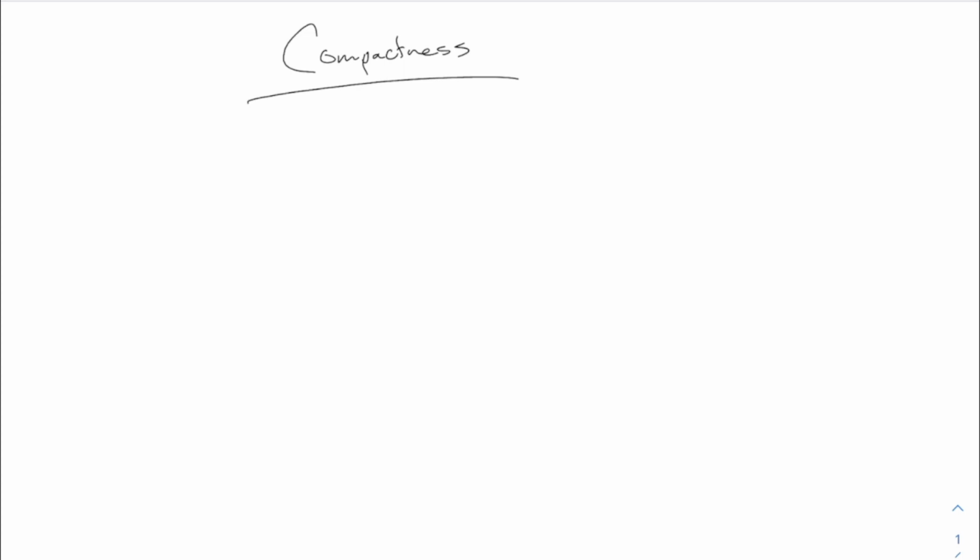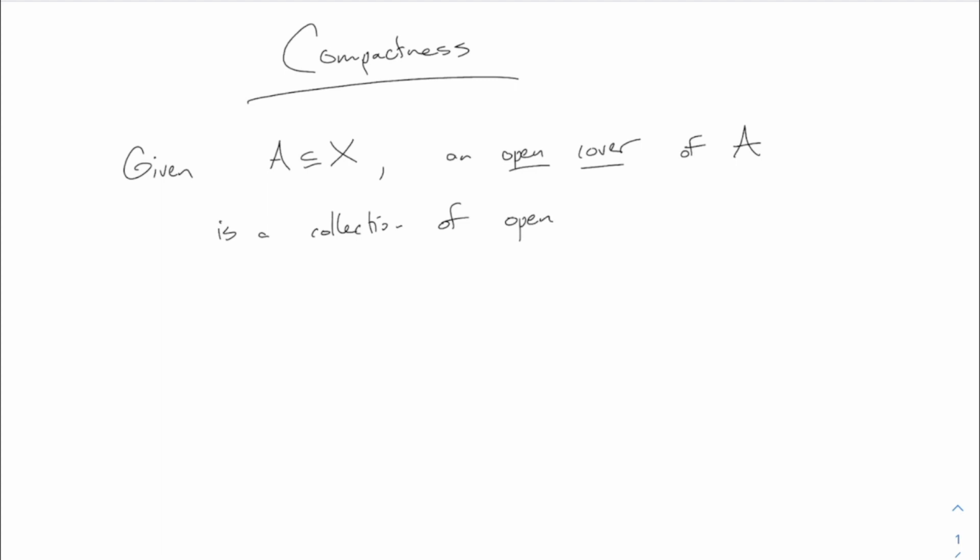So just to refresh the basic definitions, given some set A, a subset of a topological space, an open cover of A is a collection of open sets covering A. By covering, I mean A is a subset of the union.